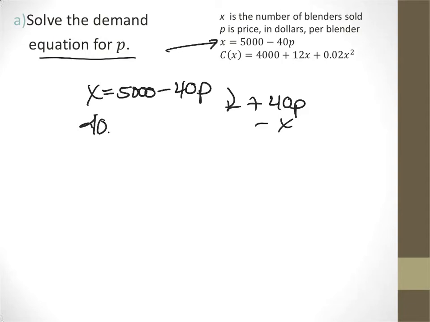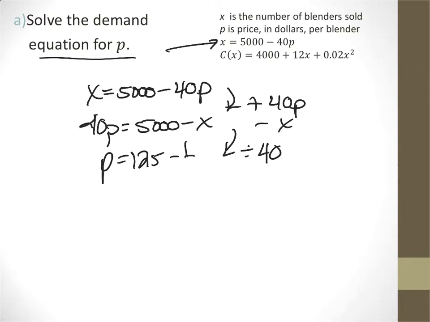We do it at the same time so that we can do it a little quicker. Now we're going to divide everything by 40. When we do that, P is equal to 5,000 divided by 40, which is 125, minus 1/40 x. That's the price. P is the price in dollars per blender.